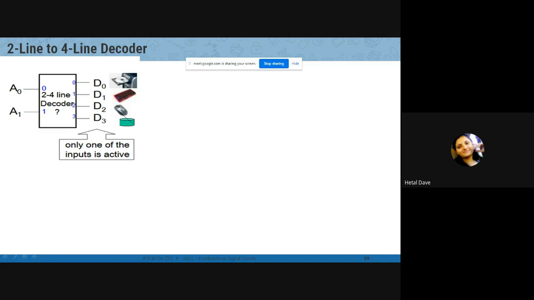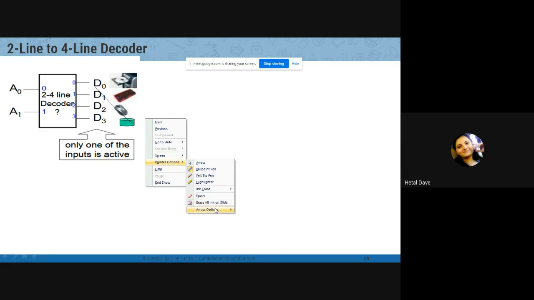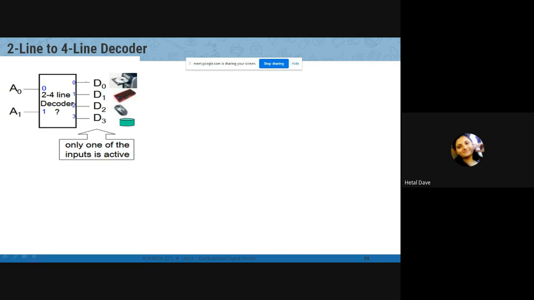Let's say the output of this line is connected to the CD driver. The output of this line is connected to the keyboard. The output of this line is connected to the mouse. And the output of this line is connected to one more device.